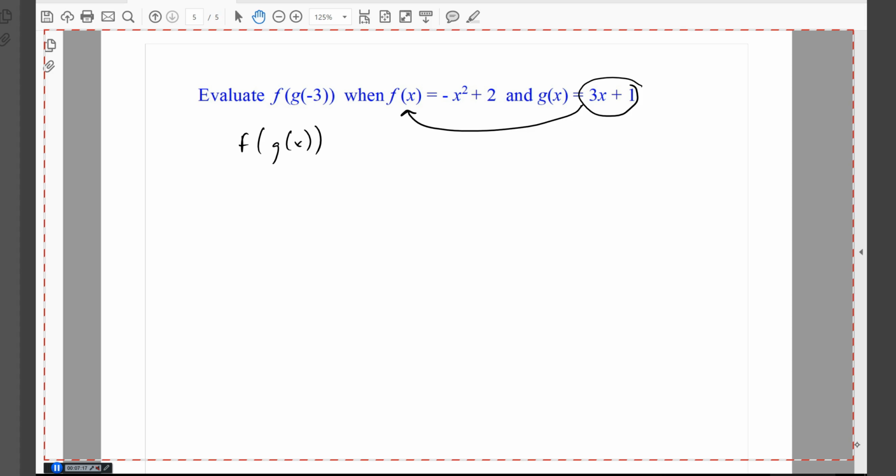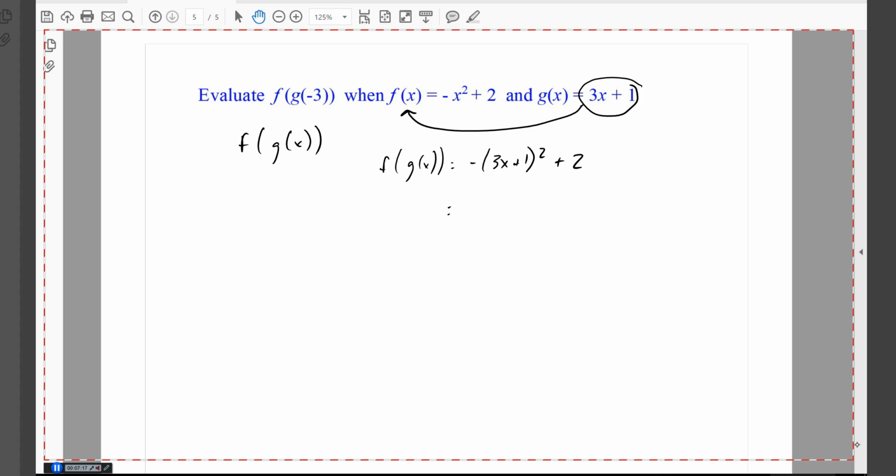So 3x plus 1 is going to go in here for that one. So f of g of x is going to be equal to negative, and this is the new one, 3x plus 1 squared plus 2, okay? If we do this correctly, when we plug negative 3 in at the end, we should get negative 62 again.